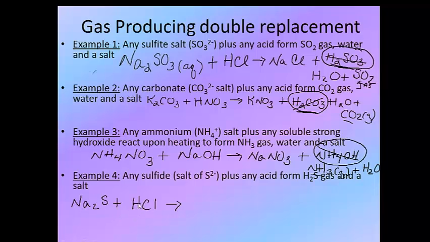The sodium will replace the hydrogen, the hydrogen will replace the sodium, and you get a salt, which is aqueous, soluble, and you get the 4th and final gas, which is hydrogen sulfide gas. Notice that with this guy, you don't have to recognize anything. There he is. End of story. It doesn't break down a second time. He comes right out when you do the double replacement reaction.